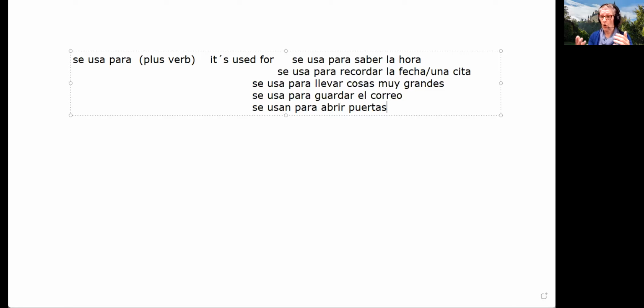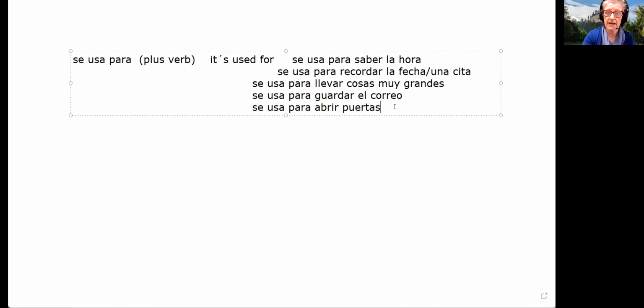You use it to open doors. But most of the time, it's going to be se usa para. Se usa para is a great chunk. They are three words that hang together, and they typically hang together in descriptions that people give.